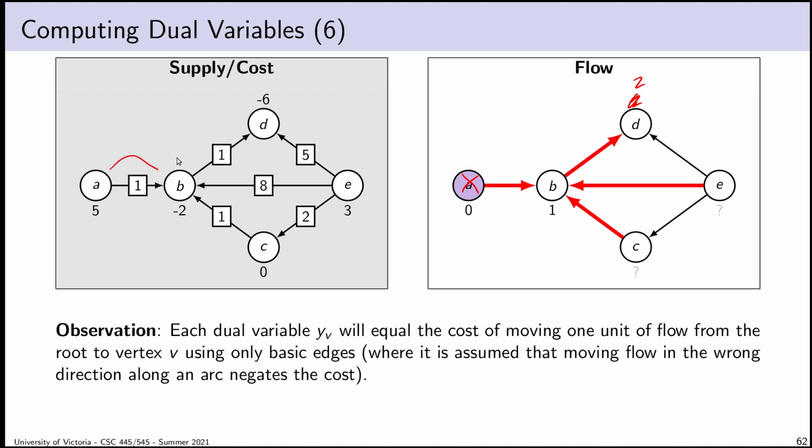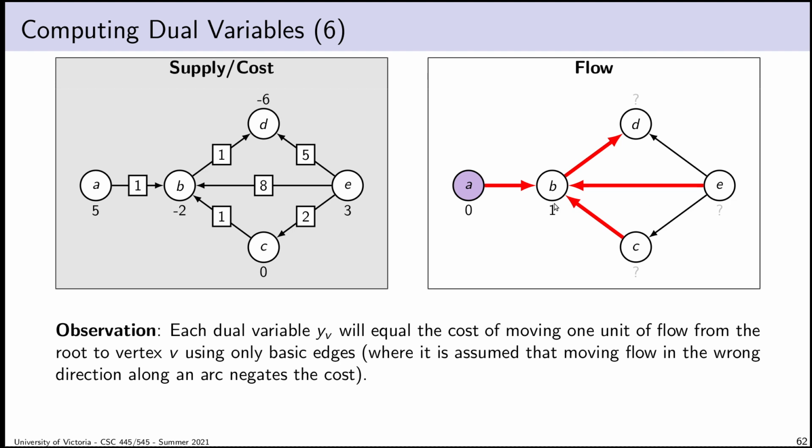Well, let's see. 1 to get me from A to B, 1 to get me from B to D. And it turns out that's what the dual optimization variables are. They give you the total cost of moving 1 unit of flow from the root to each vertex using only the basic arcs. With one caveat, and it's going to be a weird one, you're probably not going to like it, which is that if I have to work in reverse across an arc, the cost gets negated.